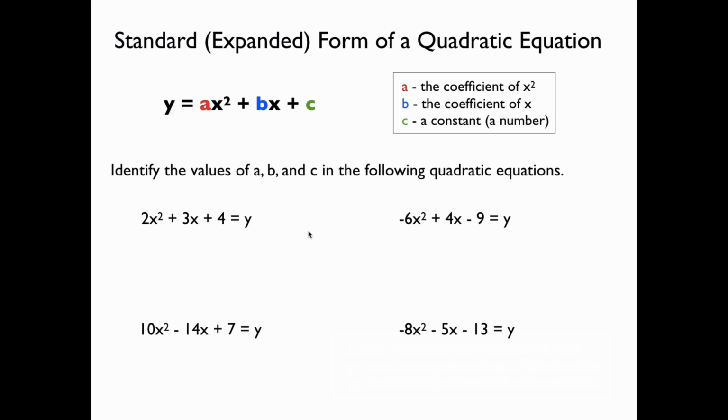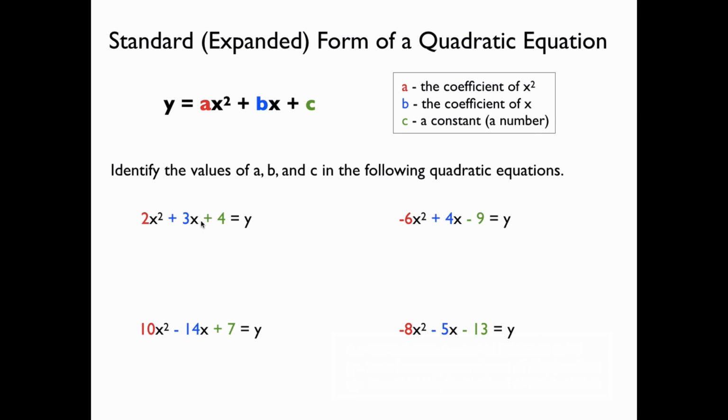All right, let's see how you did. So in the first equation, the value of a is 2, the value of b, the coefficient of x, is 3, and the constant is 4. So a equals 2, b equals 3, c equals 4. In our second quadratic equation, the value of a is negative 6, the coefficient of x squared.